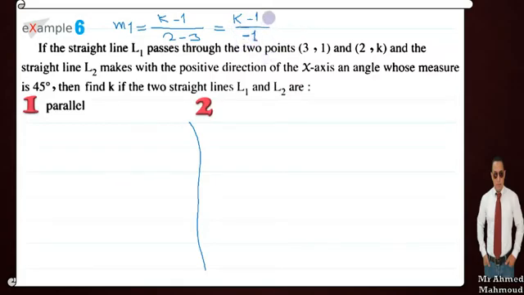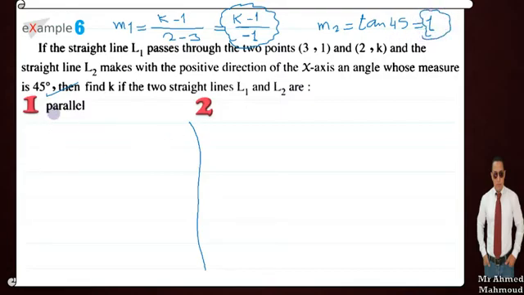This is m1. m2 equals tan 45, which is equal to 1. This is m2.